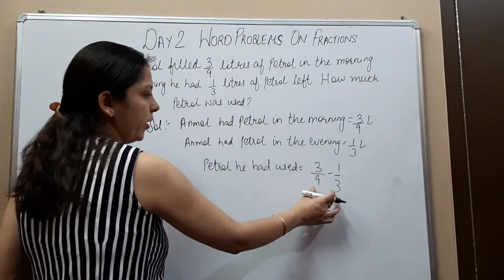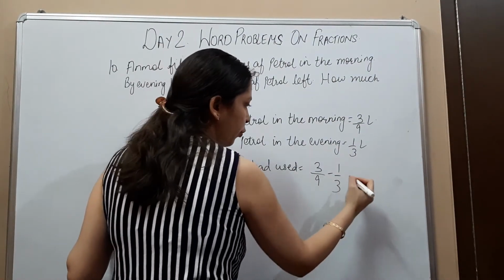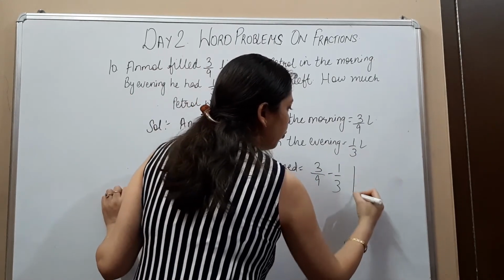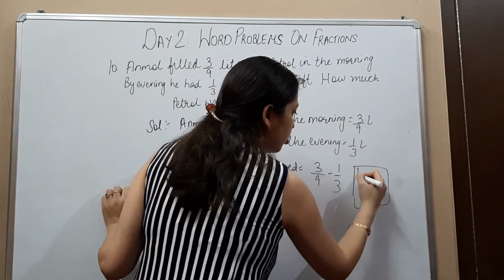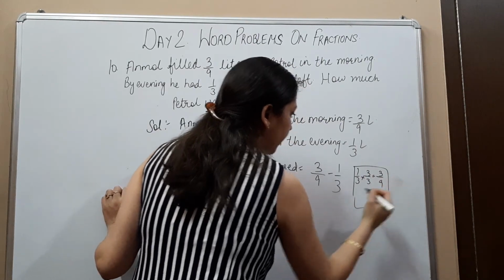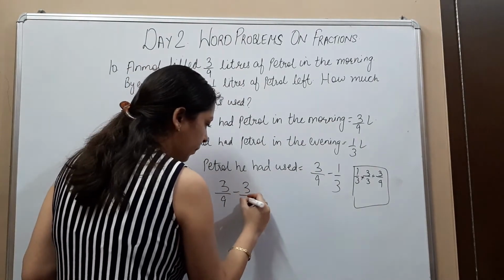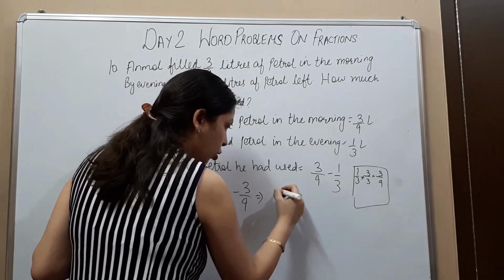As we have different denominators, we can take the LCM. Either we can convert this 1 by 3 into like fraction. So it's 3 by 9. So 3 by 9 minus 3 by 9 is 0 liters.